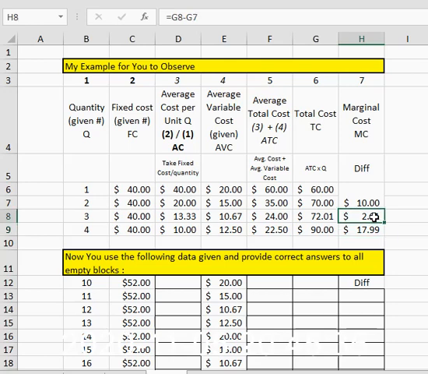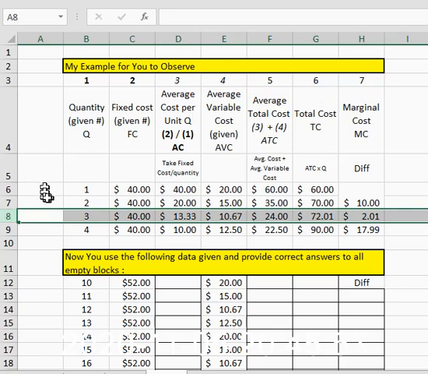I think I'm in a better situation when my marginal costs are at their lowest. So we can tell, after completing all of the typing to let Excel generate the math, looking at this column, the lowest marginal cost is between selling 2 and 3 units. So selling 3 units may be our optimal goal in marketing, okay?